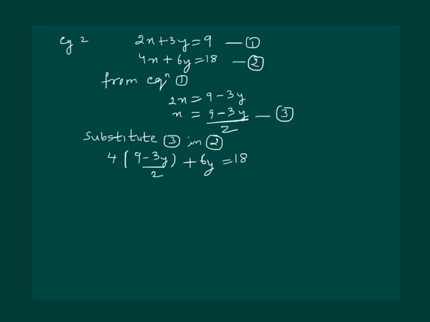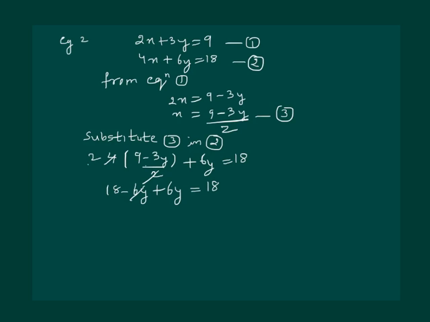After substitution, we get, on solving, 2 9s are 18, so 18 minus 6y plus 6y equal to 18.